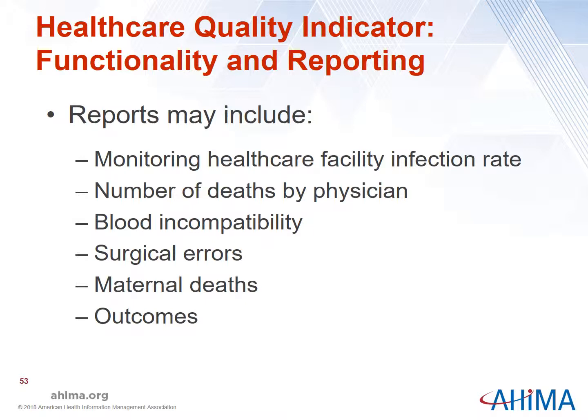Reports will include statistics and graphs to facilitate the identification of trends. Reports may include monitoring healthcare facility infection rate, number of deaths by physician, blood incompatibility, surgical errors, maternal deaths, and outcomes.